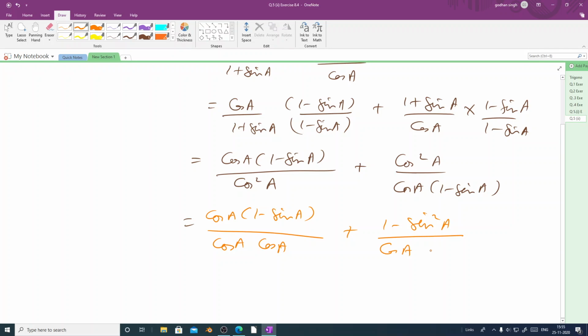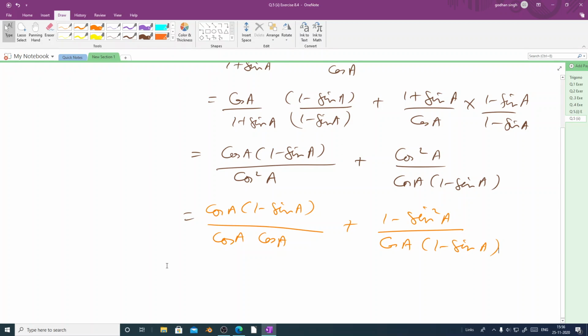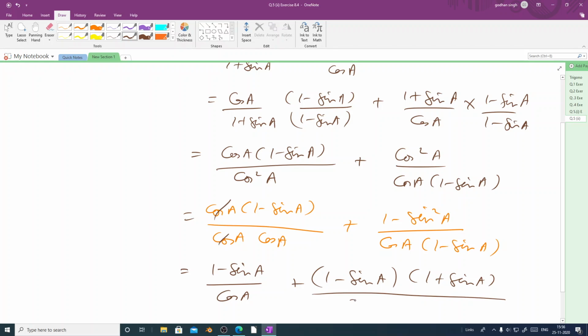Divided by cos a into 1 minus sin a, and this further we can write as, here we can cancel cos a and cos a, so first part we can write as 1 minus sin a over cos a, plus second part we can use the formula of a square minus b square, because 1 can be written as 1 square, so we will be getting here 1 minus sin a into 1 plus sin a, the whole divided by cos a into 1 minus sin a.